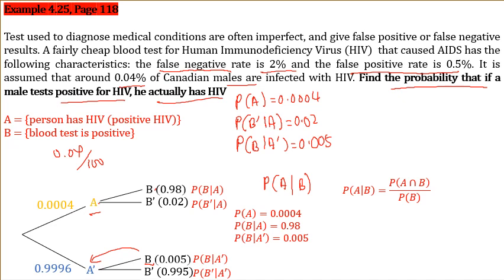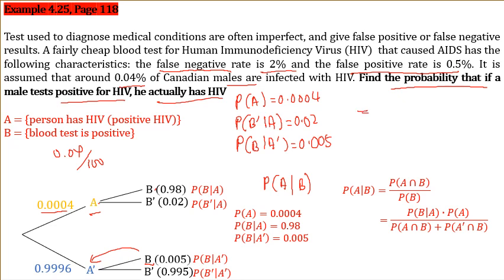And here, P(A and B). So remember, we use here 0.0004 times 0.98, which is P(A) 0.0004, P(B given A) 0.98.